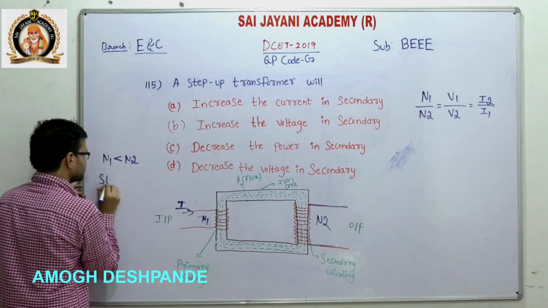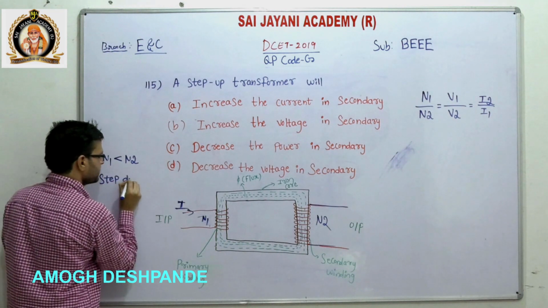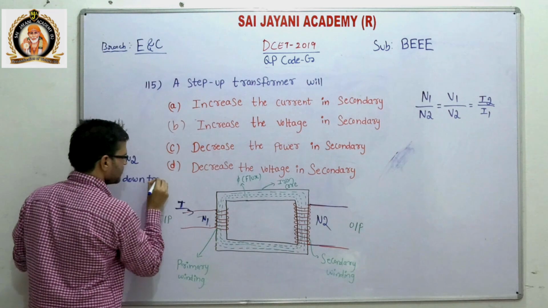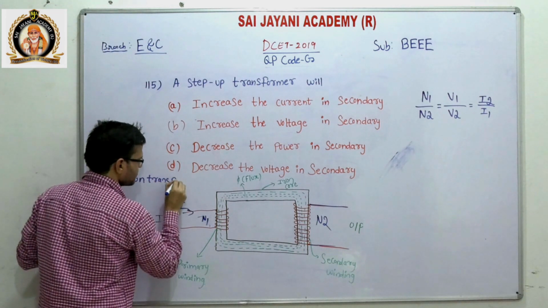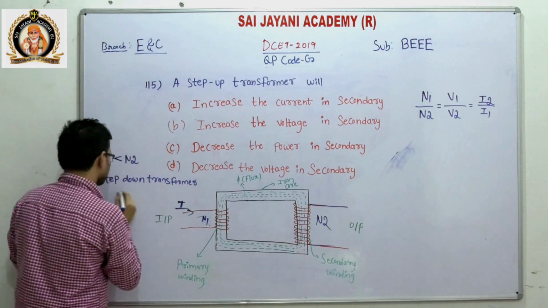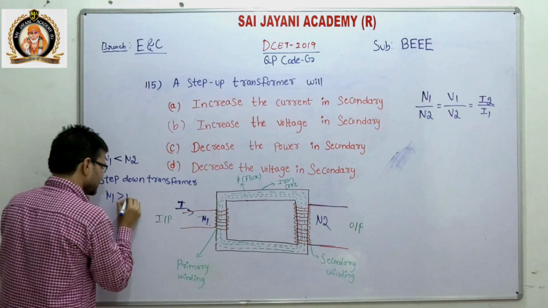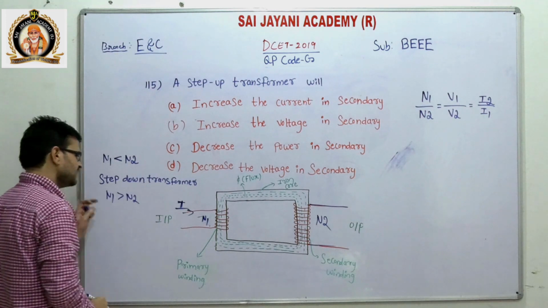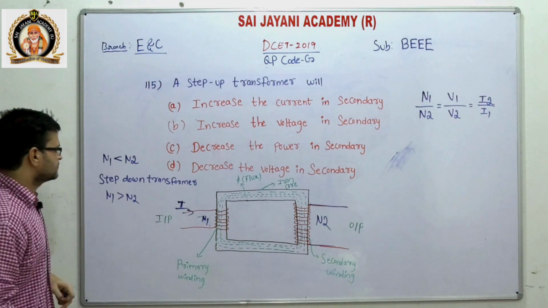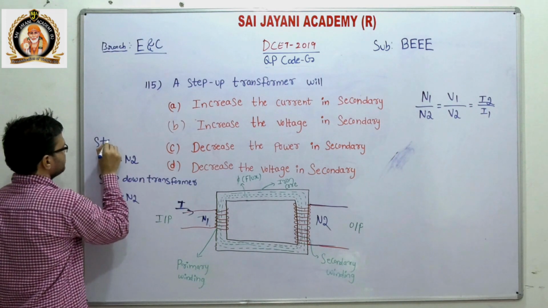Okay, in step down transformer, the number of the turns present in the primary winding is greater than the number of the turns in secondary winding. This is for step up transformer.